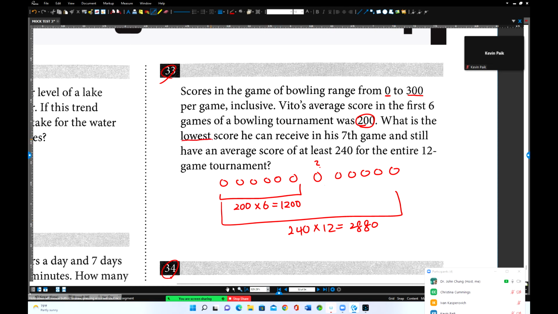Okay. So the question over here, what is the lowest score possible, the lowest score he can receive? We already assumed the maximum over here, right? This is a little bit weird question, but that's true. We assumed that the last 5 games he got all 300, perfect points. But we are not sure, but anyway, we assumed, right? We hope the next 5 games are all perfect, which is 1500.